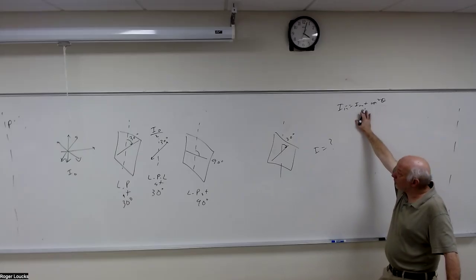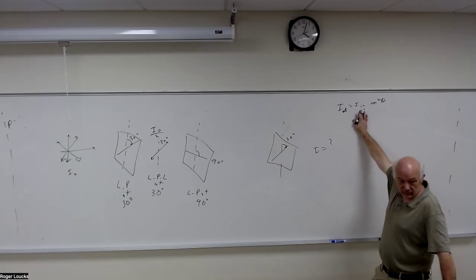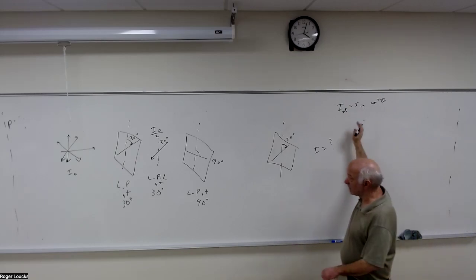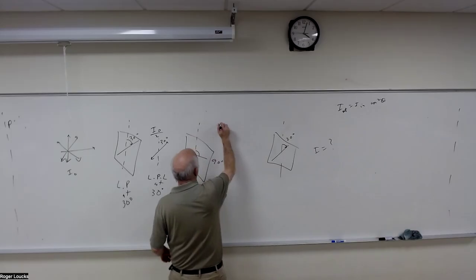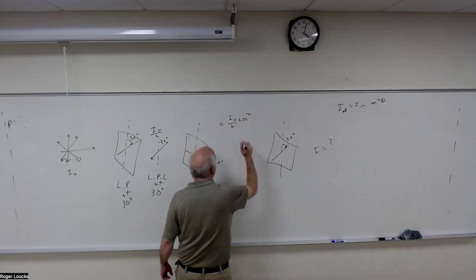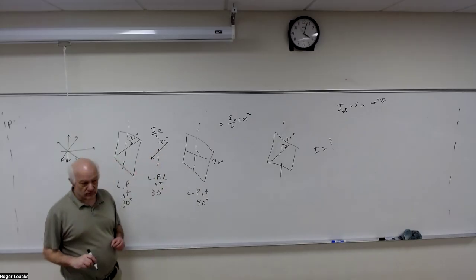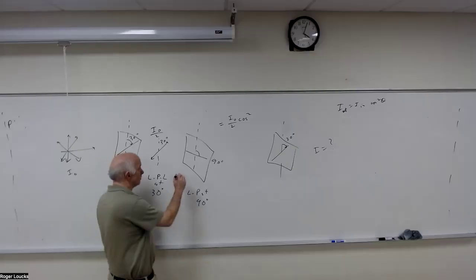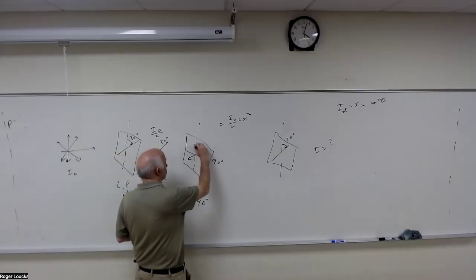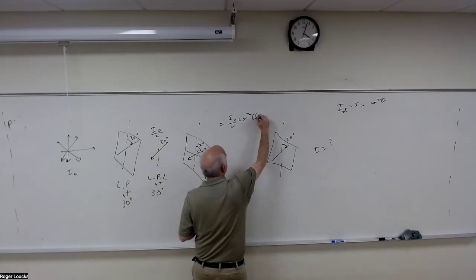The I in is I naught over 2, which is what is coming out here. So this is going to be I naught over 2 times the cosine squared of the angle this electric field makes with that transmission axis. That's 60 degrees, because here's my E at 30, and the angle here is 60 degrees. So this is cosine of 60.